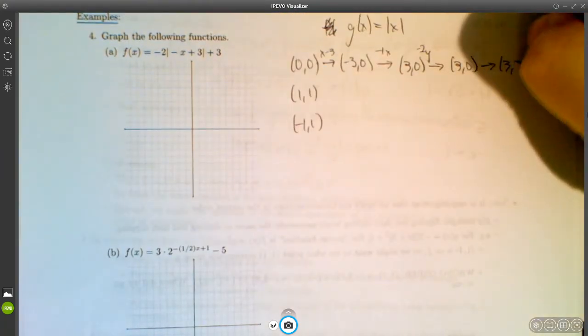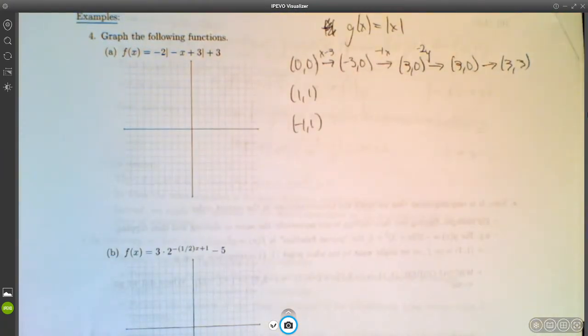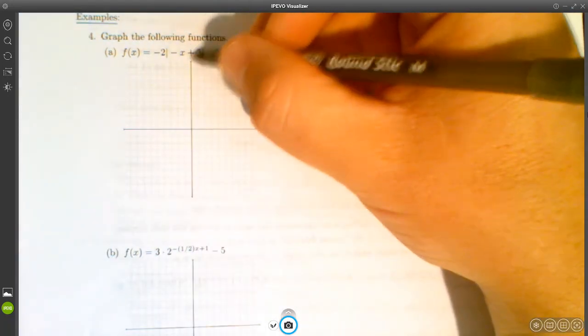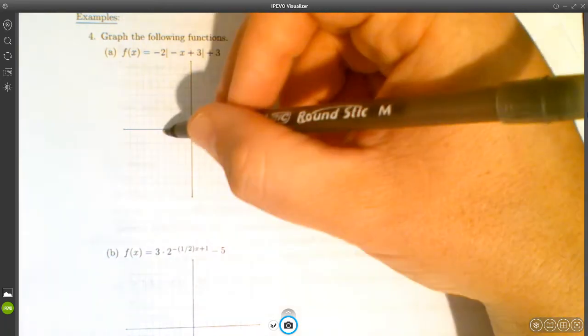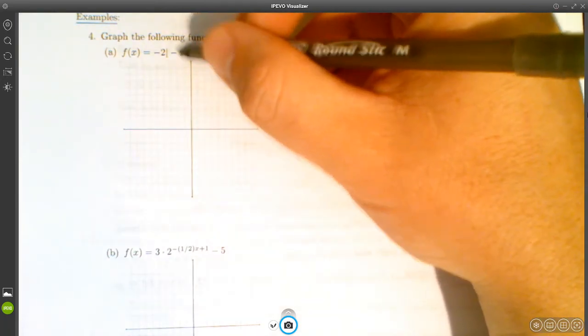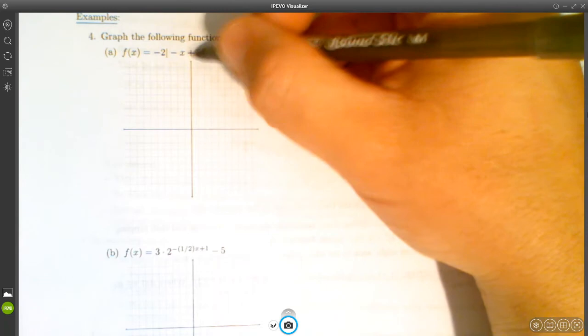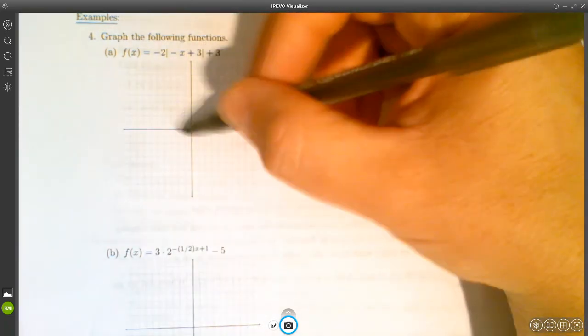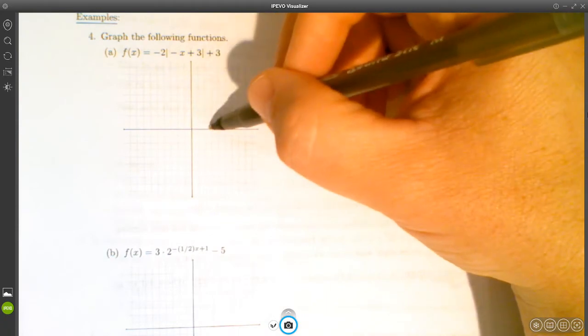So the vertex ends up at 3, 3. That's maybe a little bit surprising because you might think, well, it's plus, shouldn't it end up at -3, 3? But because of this negative sign here, that kind of messes this thing up. It's like if you factor out the negative, then this becomes a -3, so your vertex ends up at 3, 3, sure enough.